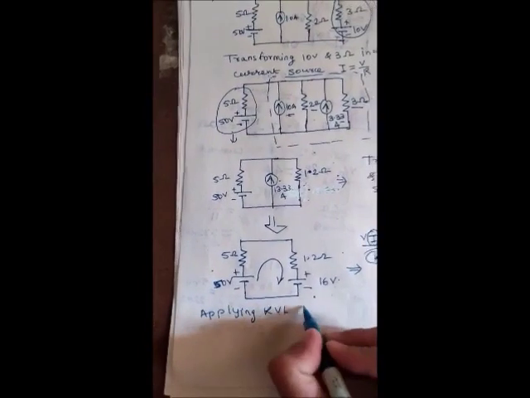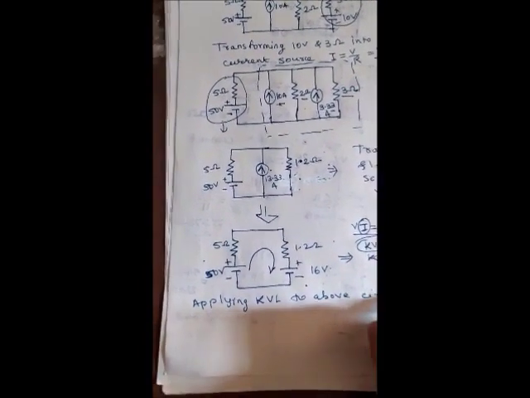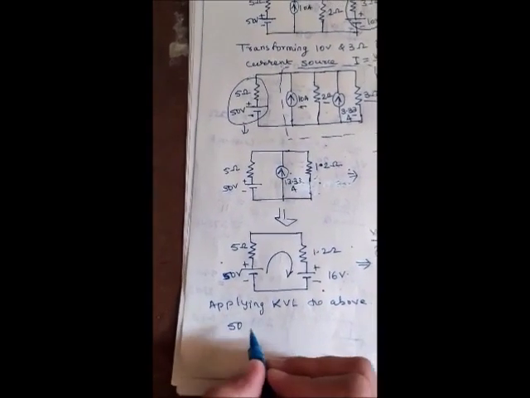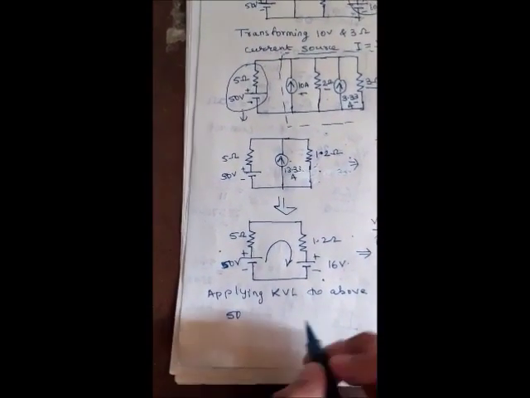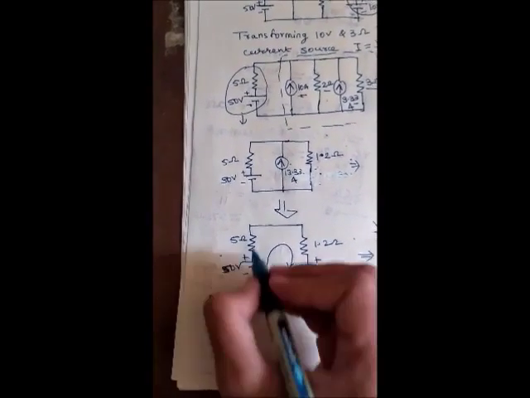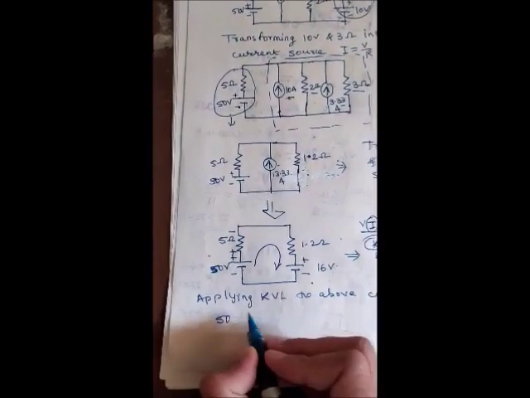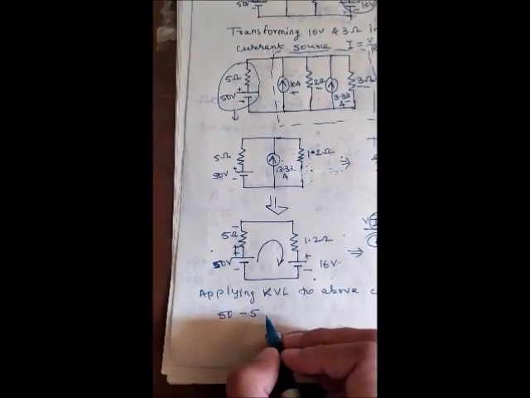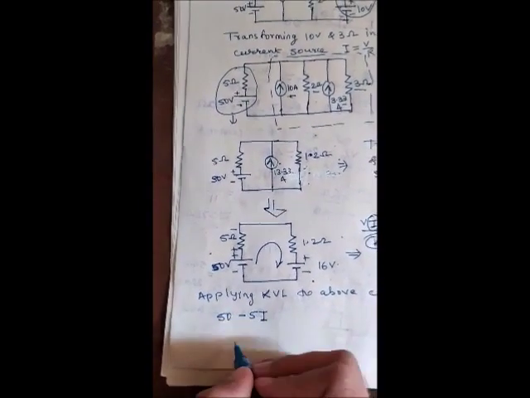Hence, applying KVL to the above circuit, I can write: the voltage source is written as plus 50 because it is traveling from minus to plus. Now the current direction through the resistance, this is plus, this is minus, so the direction is opposite to the source, it becomes minus, and the current flowing through this 5 ohm resistance I will write as 5I.